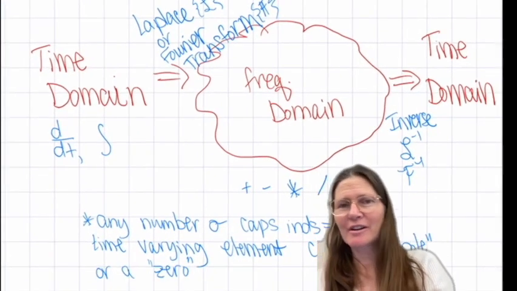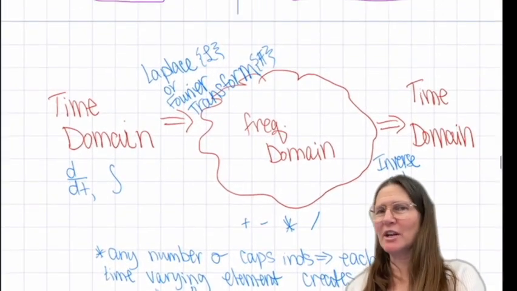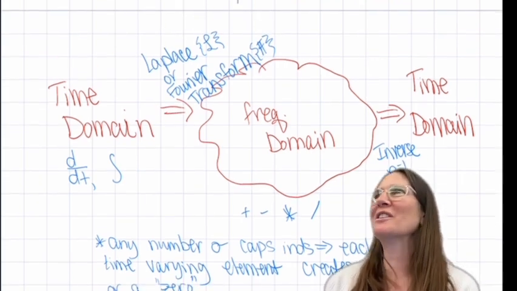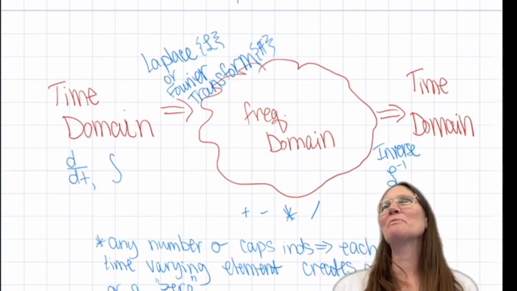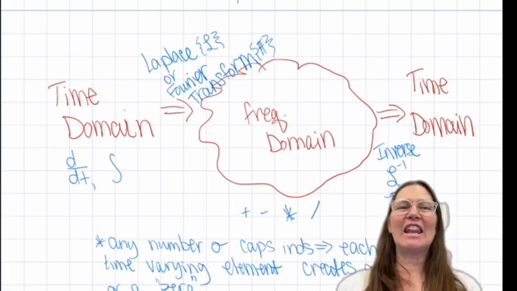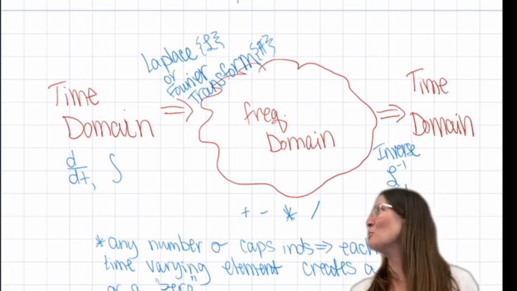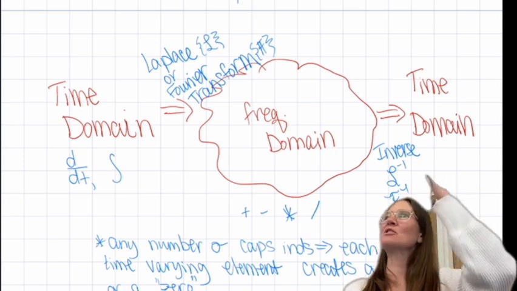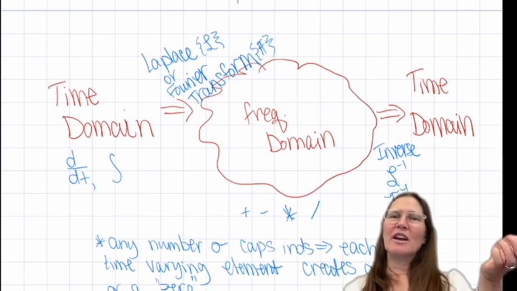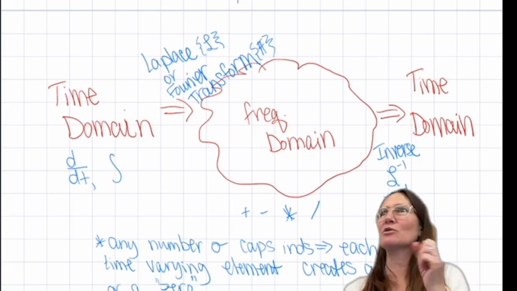Engineers always love to find a way to make things a little bit simpler and applicable. So instead of solving circuits in the time domain, it's way easier to move them into the frequency domain, get a solution, and then take an inverse back into the time domain for that end solution.